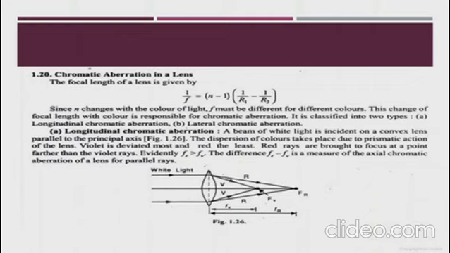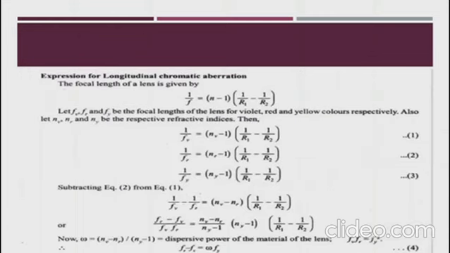Two colors are considered here, the red and violet rays. The red rays are least deviated and the violet rays are most deviated. Red rays focus at a point further away, but violet rays do not, because they are the most deviated rays.